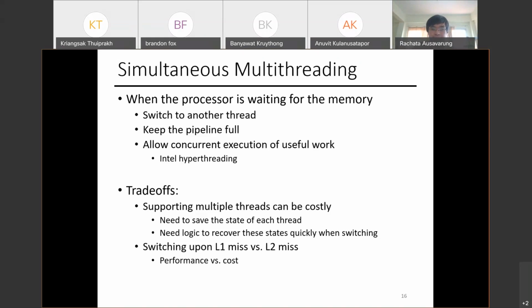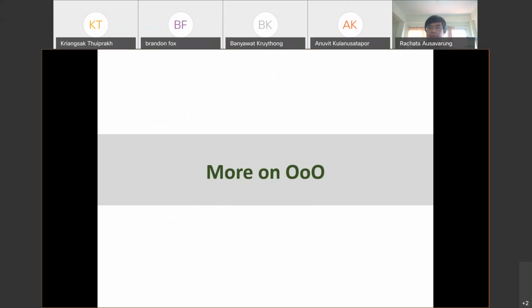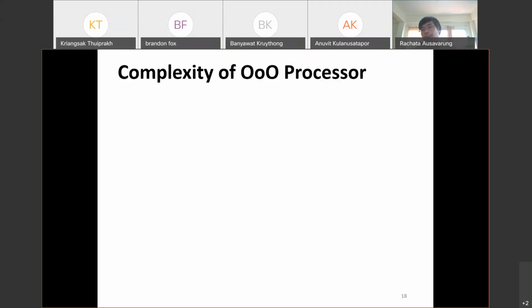All right. So let's wrap up the GPU related stuff, and let's switch gears and come back to out of order processors. From the exam, by this point, you might have realized that out of order processor is complicated.